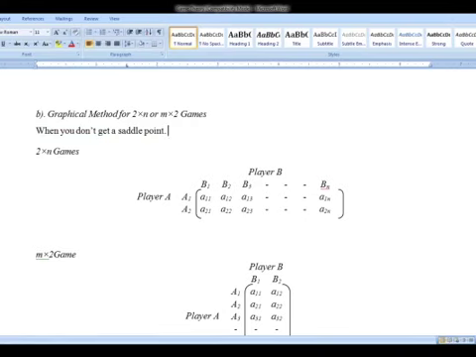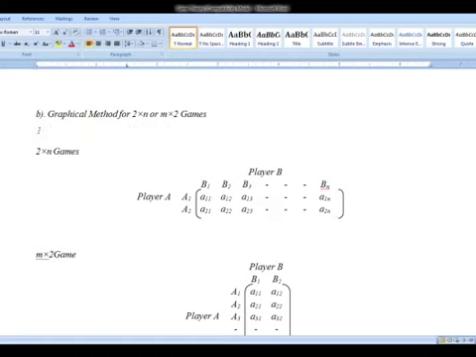What do you do then? If you don't get a saddle point, then you need to think about what to do.